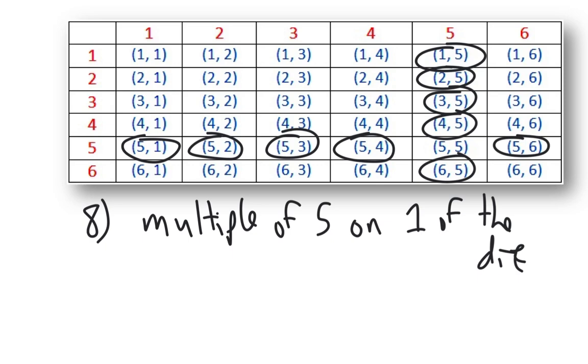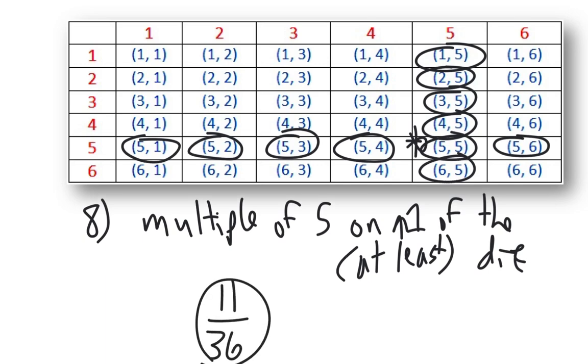If you look at that, we've got 5, 6, 7, 8, 9, 10. This would be the question mark about what do we do about the double 5, but their answer is just saying if we have it on at least one of the die, so that's 11 out of 36 is how they've got that one. That's not the best wording on that question.